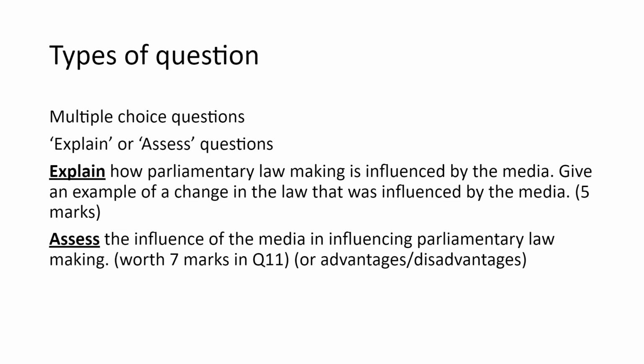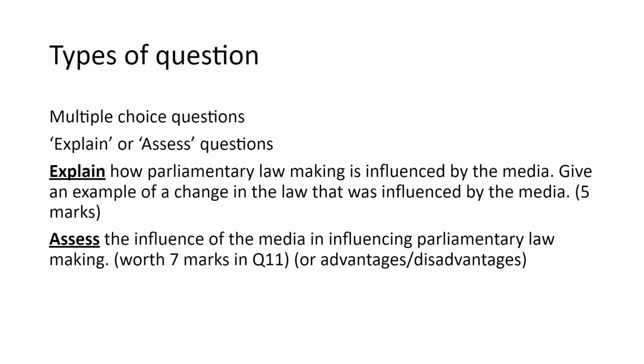This would be worth 7 marks in a question 11, or it could just ask you for the advantages or disadvantages of the media. So when you were answering that question, you would need to try, if it was just advantages, to have 3 advantages with some evidence, 3 disadvantages if it just wanted disadvantages, or if it was just an assess, then you could have a mixture, 2 advantages and 1 disadvantage, or the other way around.